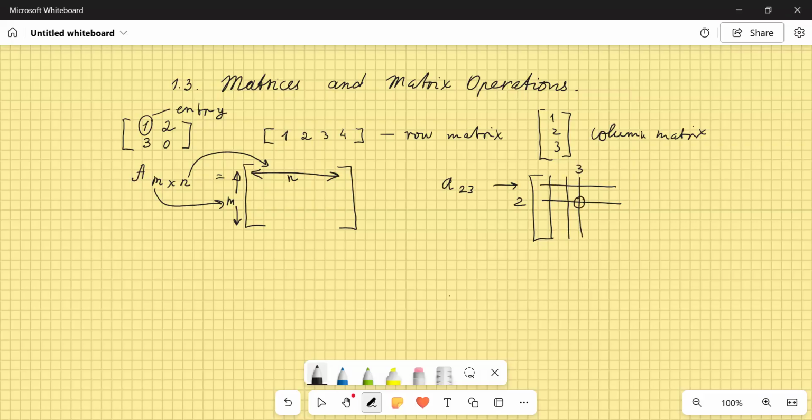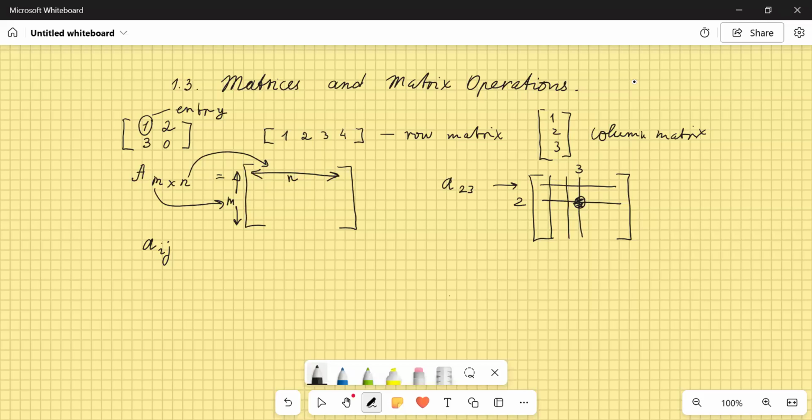And there is going to be the entry which we are describing. Okay, usually, guys, we are going to label an arbitrary entry as a_ij. Something like this, a_ij.